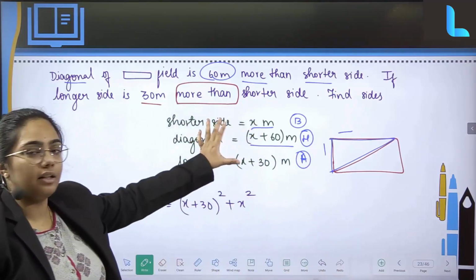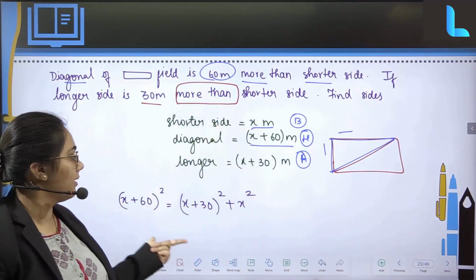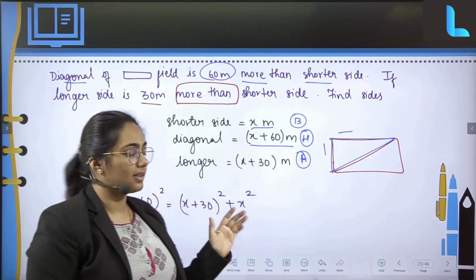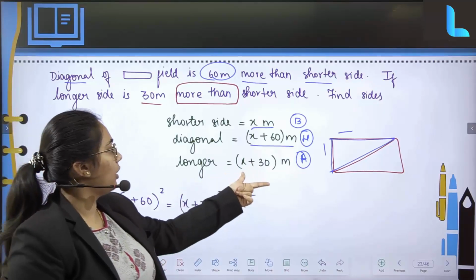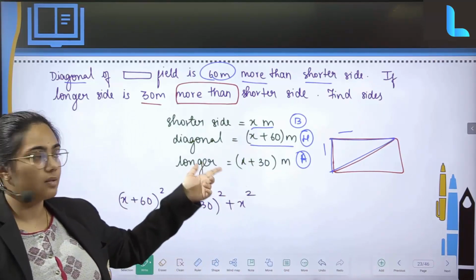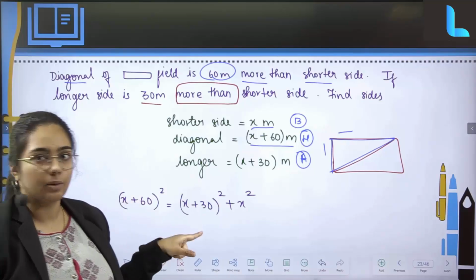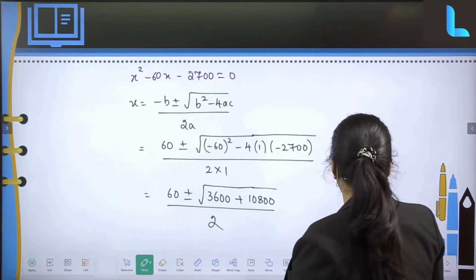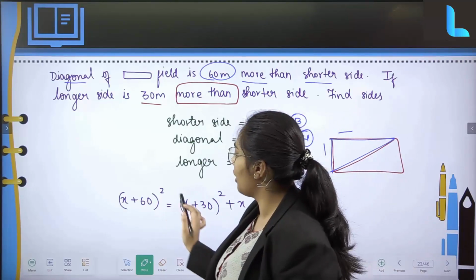So now using this information we can use Pythagoras theorem and solve for it. That is, we'll be getting x plus 60 the whole square is equal to longer side the whole square plus shorter side square.